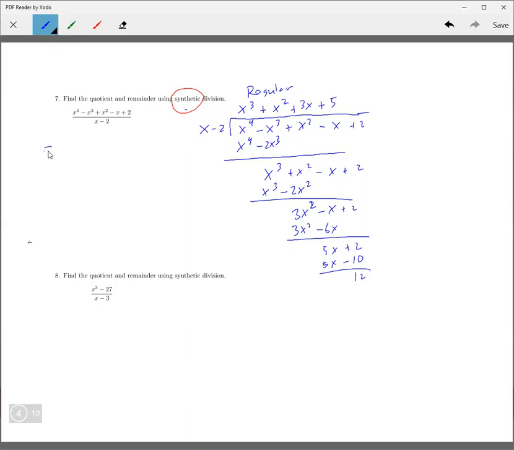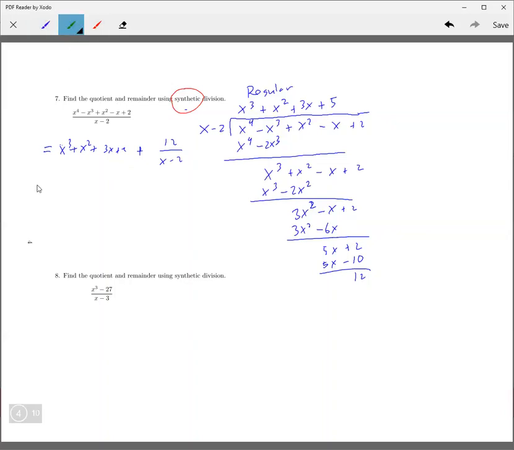Okay, so by regular division, this is going to be the quotient: x cubed plus x squared plus 3x plus 5, plus this 12 over x minus 2.